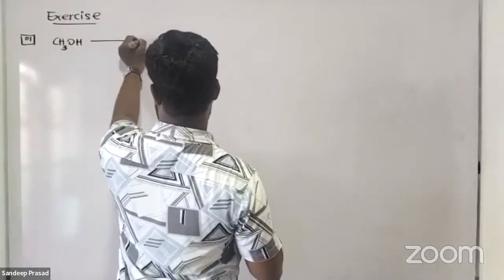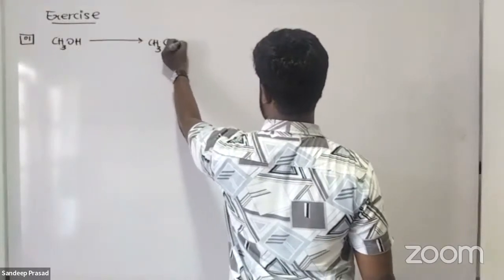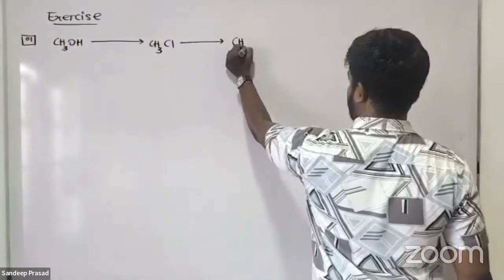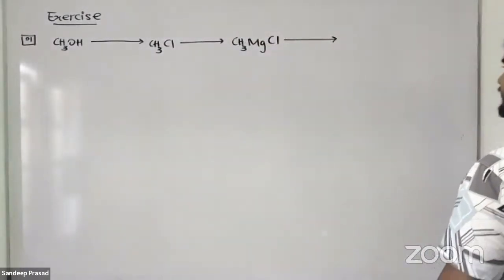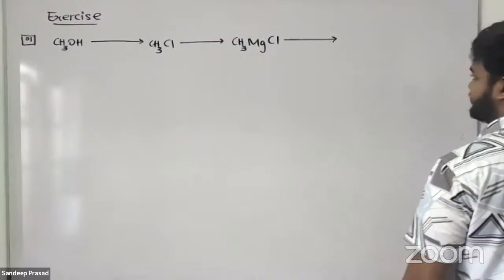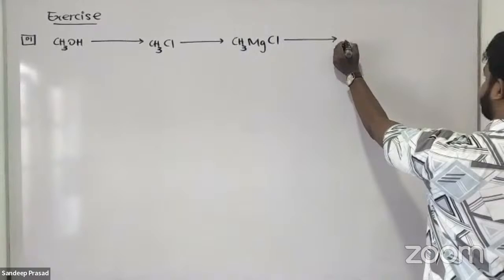CH3OH, that means methanol, converted to CH3Cl, then the Grignard reagent. Put the compound or reagent that we have to add to convert these things. On the arrow, you can write the compound.